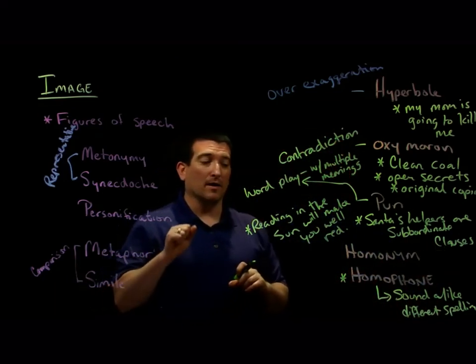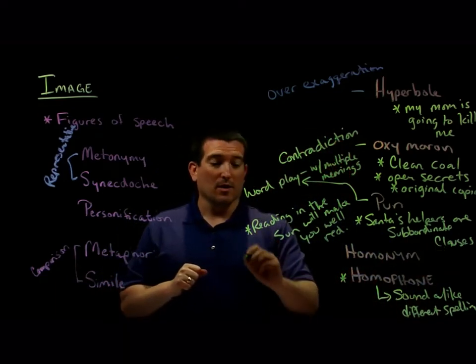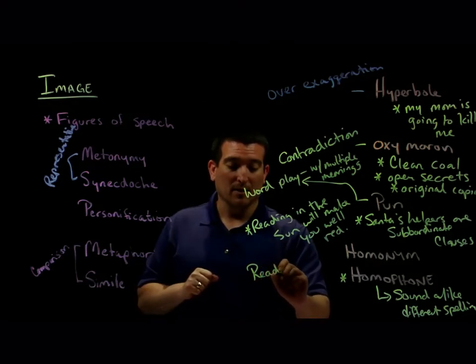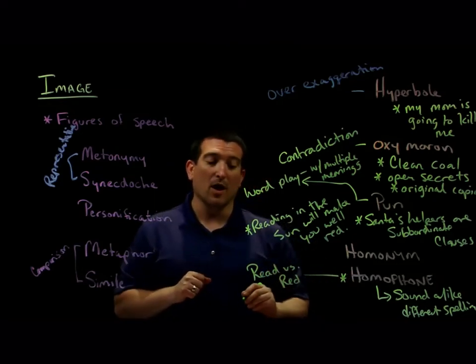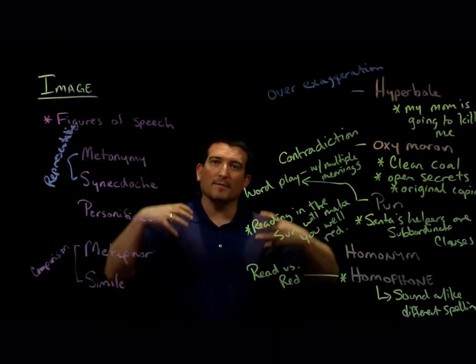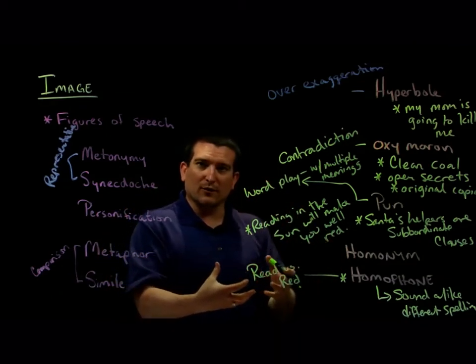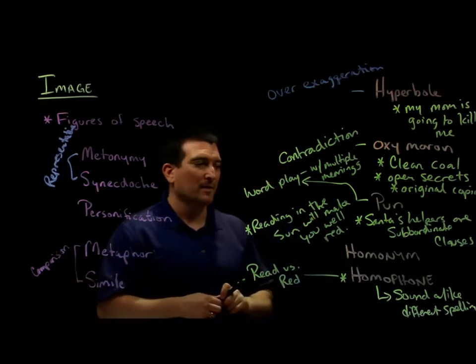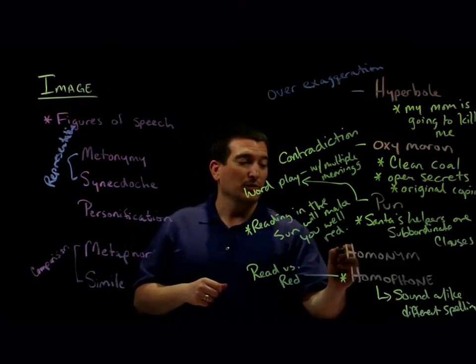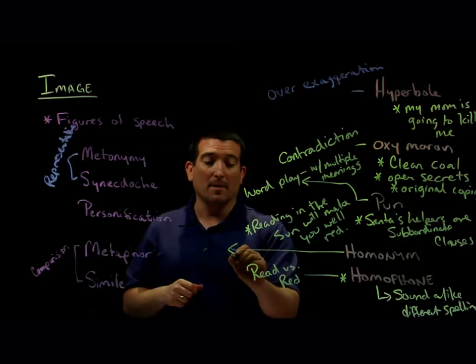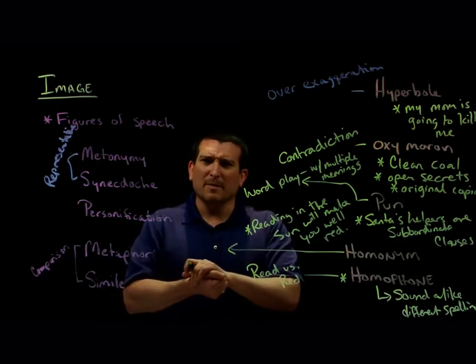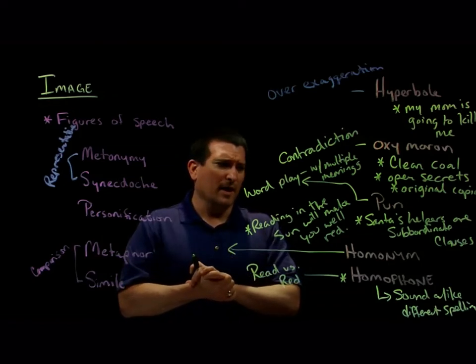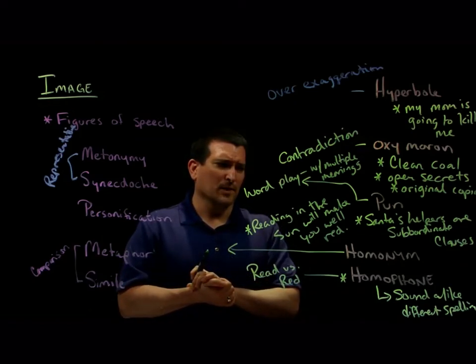So if we think about this, red versus read, this is an example of a homophone: two words that sound the same but appear differently, with different spellings and different meanings. A homonym could be the same word, or the same spelling of a word, that has two different meanings.